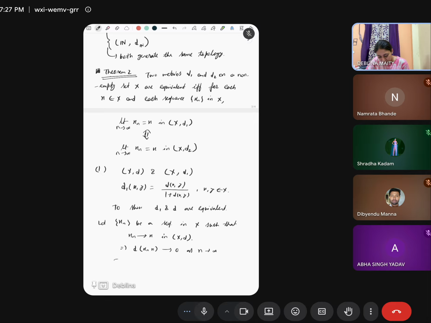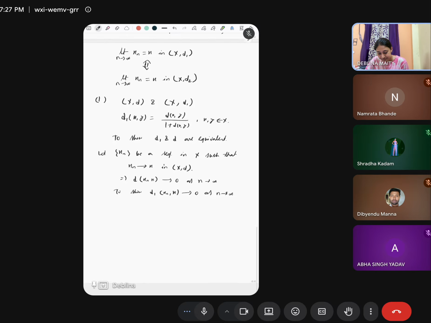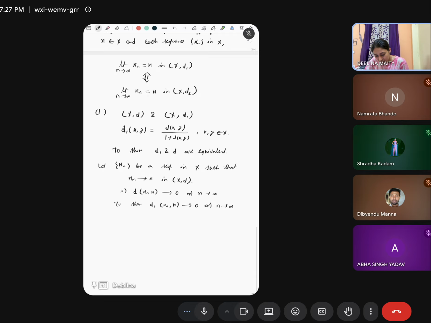Now to show d1(xn, x) goes to 0 as n goes to infinity: d1(x,y) is d(x,y) by 1 plus d(x,y), so it is always less than d(x,y).